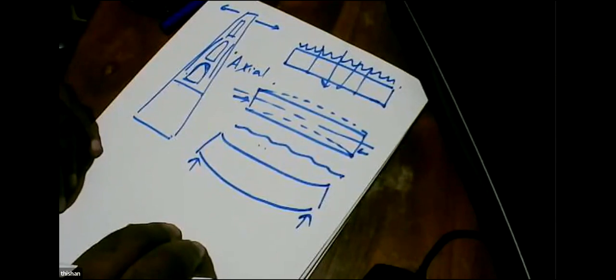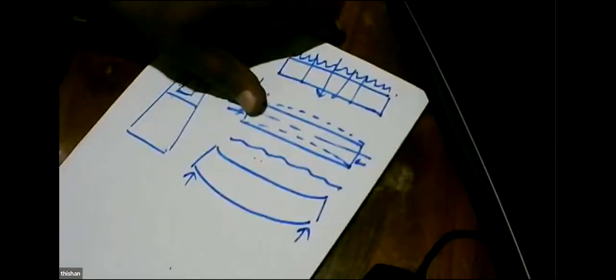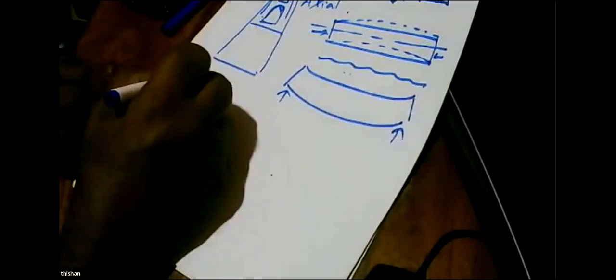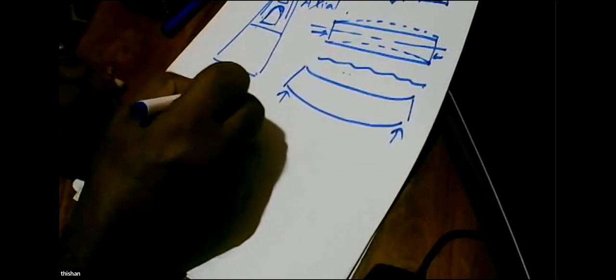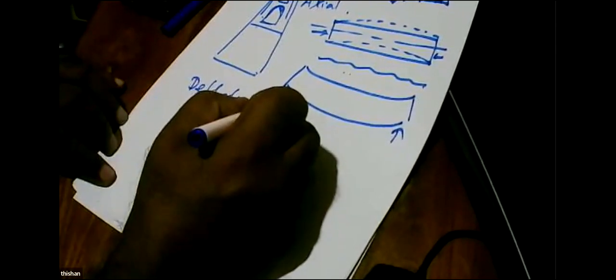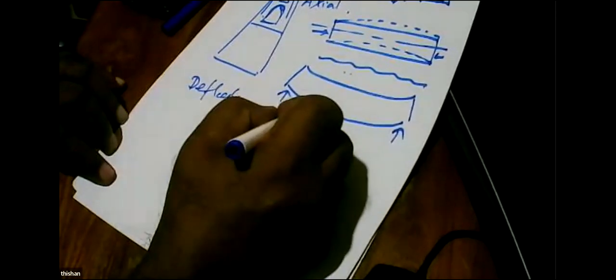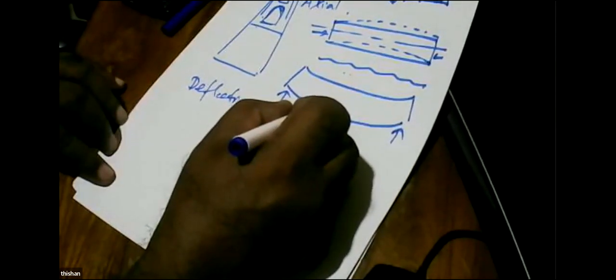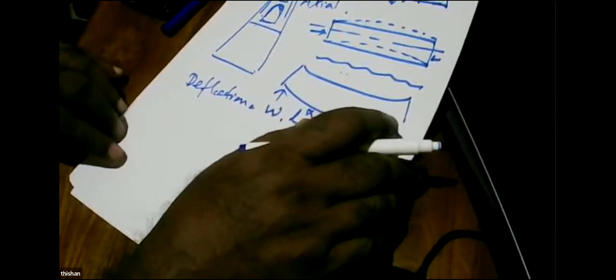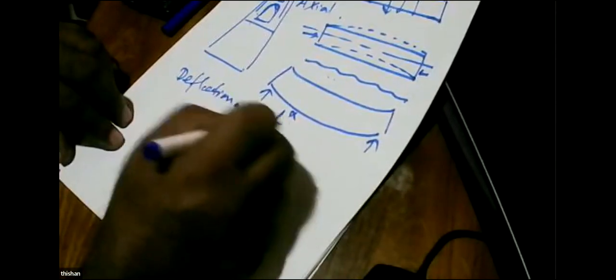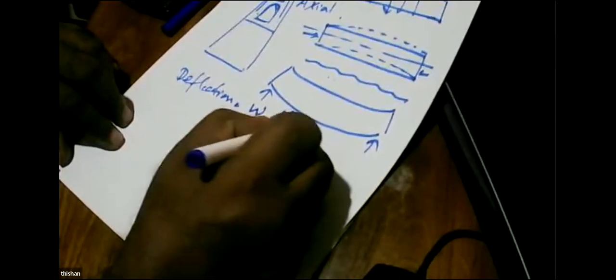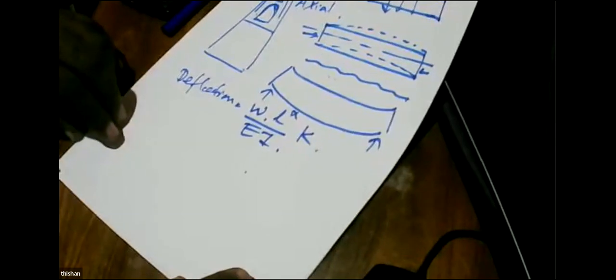So it's a very favorable situation because if you look at the deflection, it is due to vertical load W, and it will be a function of L to the power alpha depending on the type of loading, divided by E and the area factor K.